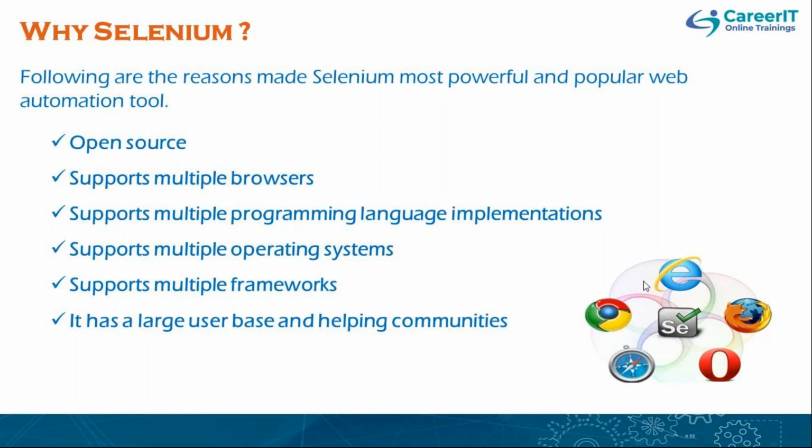Wherever you get stuck, you can write to them. They will solve your questions, right? But in case of an open source tool, there won't be any dedicated support team like that. But in case of Selenium, there are a lot of users, a lot of blogs, a lot of helping communities available in the world, so whenever you post something in Google, you will get a lot of responses, guys.